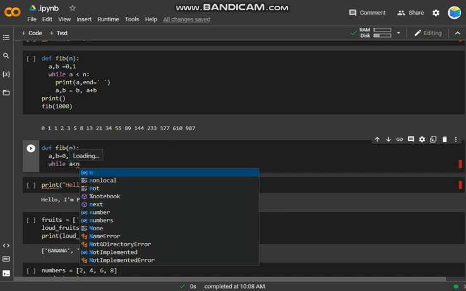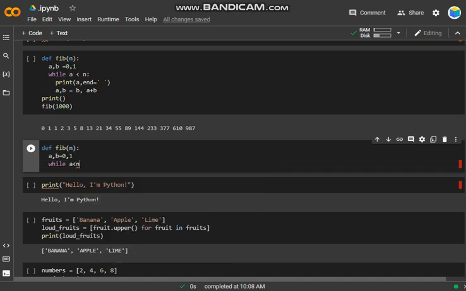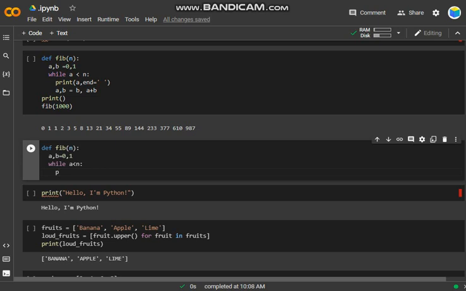So now I write n and colon, and then we can go print a comma and end equals, with a gap here because the numbers will be separated.